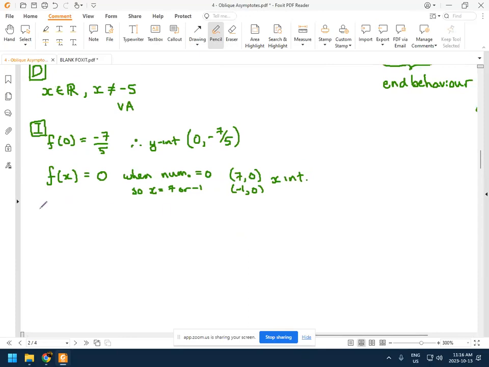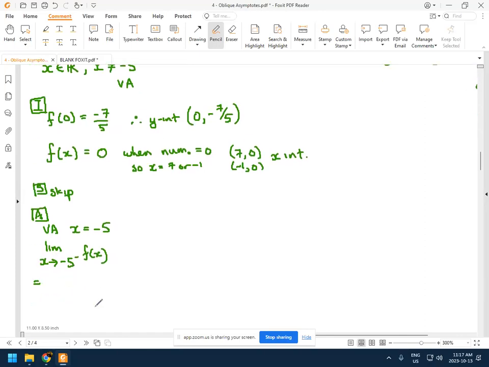S for symmetry, I'm going to skip as usual. For asymptotes, I will quickly test vertical. The limit as x goes to -5 from the left side for the function will give me a negative times a negative divided by a tiny, tiny, tiny negative.